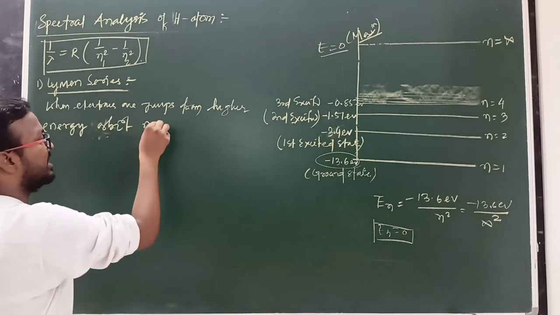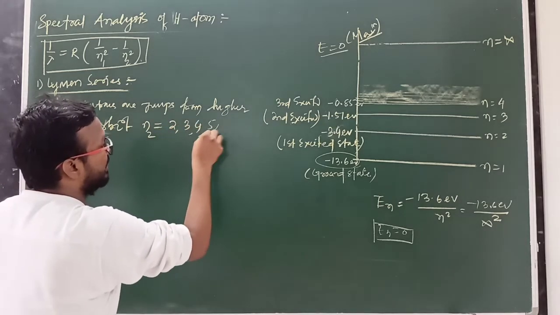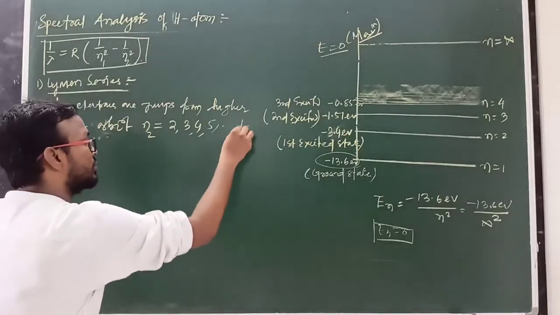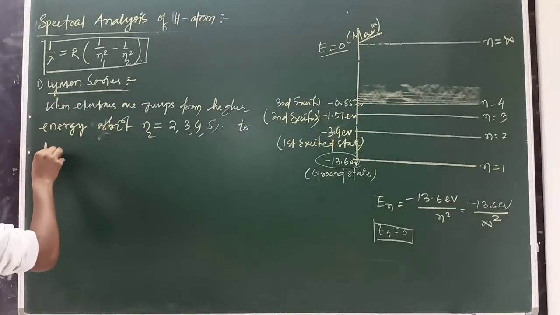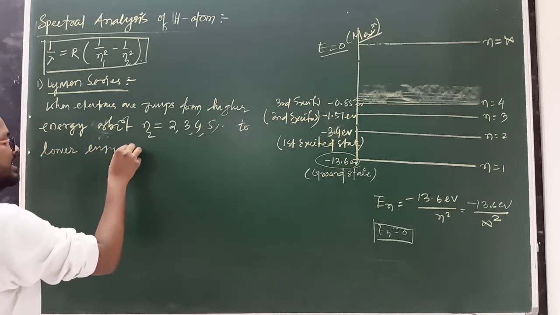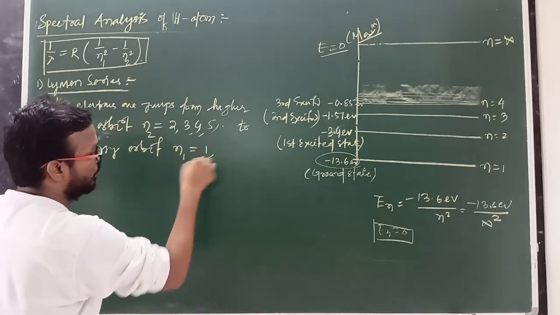This is higher energy, and it is equal to 2, 3, 4, 5, and so on, except one, to a lower energy orbit, here n1 equal to 1.